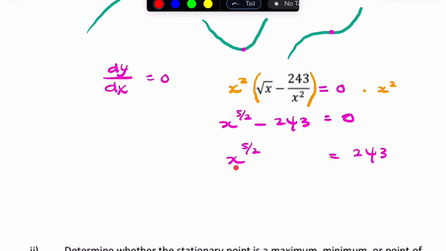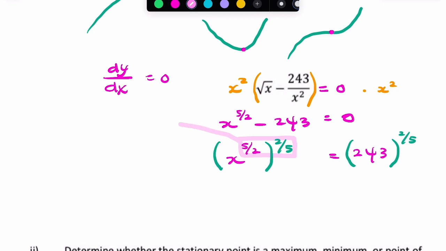Now we want to find x, so we want to get rid of that power. The easiest way to get rid of a power is to raise both sides to the power 2 over 5, 2 over 5 being the reciprocal of 5 over 2. So that when you multiply powers, you get 1.